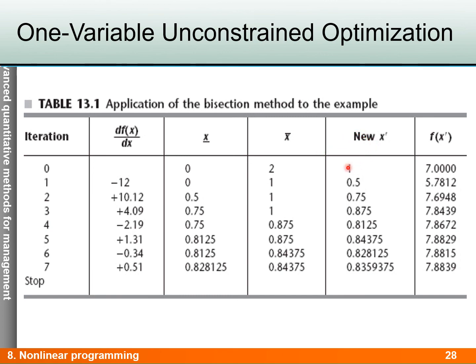So our new x prime is (0 + 1) divided by 2, that is 0.5.